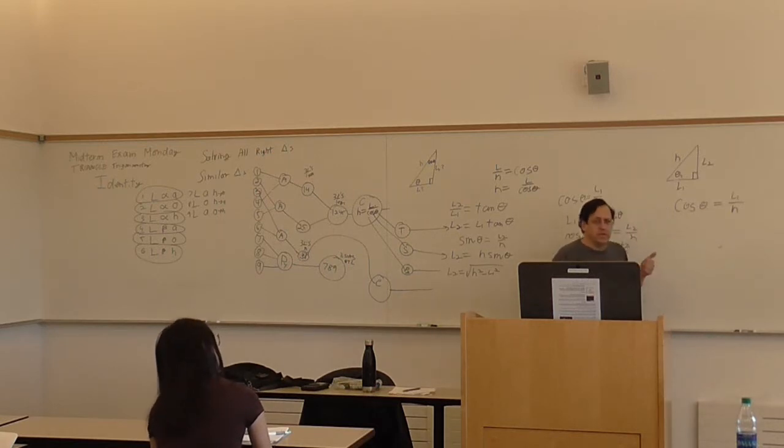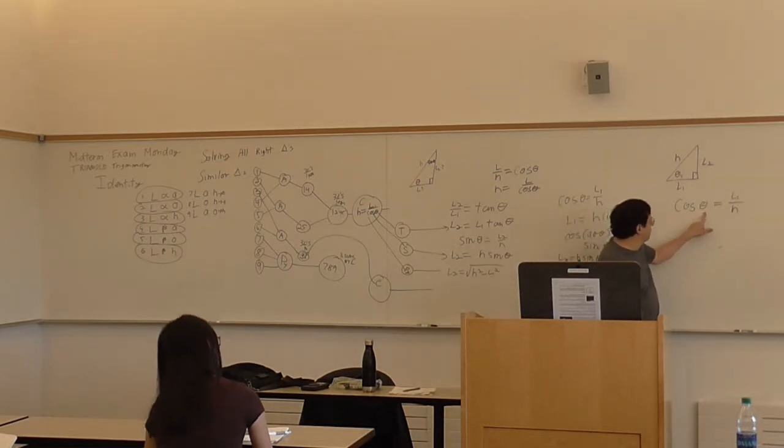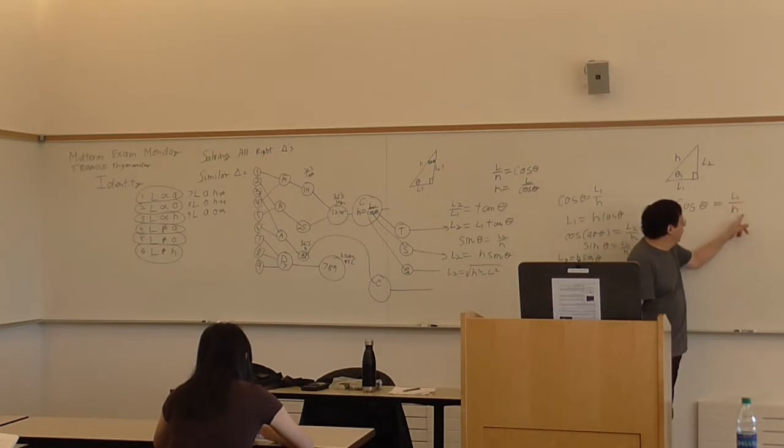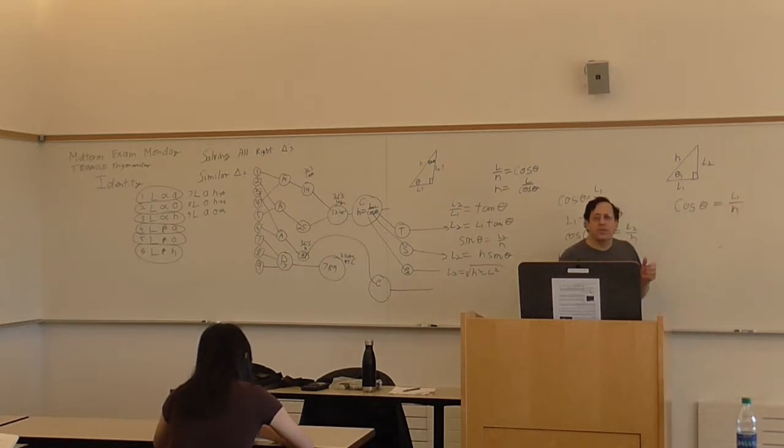But now we don't know what the cosine of theta is because we don't know what theta is yet. We just know what L1 over H is. So how are we going to solve it?